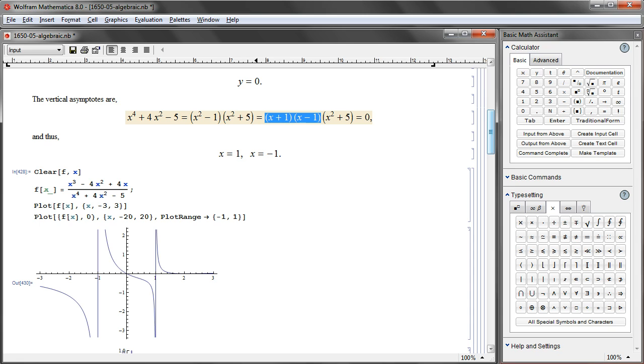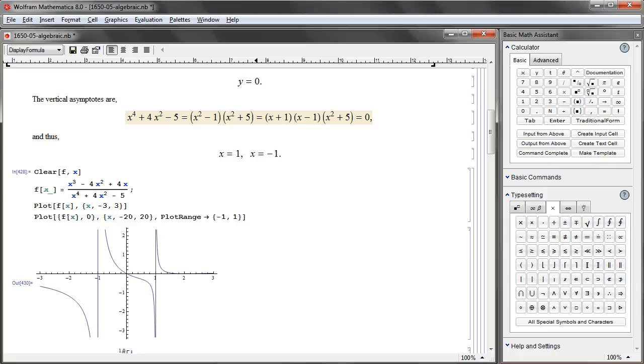This is something I'll discuss a bit later, but now that I see the picture, let's discuss this. What are the multiplicities of x plus 1 and x minus 1? They're both 1, aren't they? They're both odd. Not coincidentally, we see the splitting behavior and sign change. When x is greater than 1 but pretty close to 1, the graph is going up, which means positive infinity.